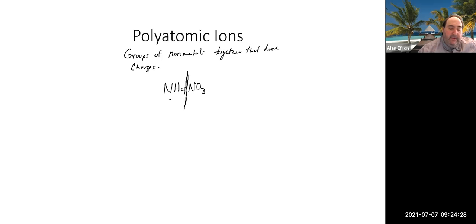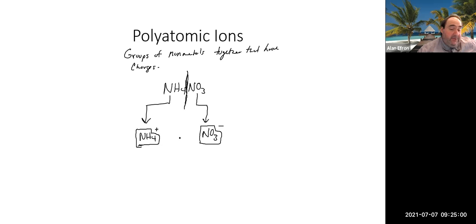On one side, we have a polyatomic ion, which is NH4 plus. That one nitrogen and 4 hydrogens all act as one unit and have a +1 charge. This guy over here is also a polyatomic ion. That is NO3 minus, that one nitrogen and 3 oxygens all together, with a -1 charge.